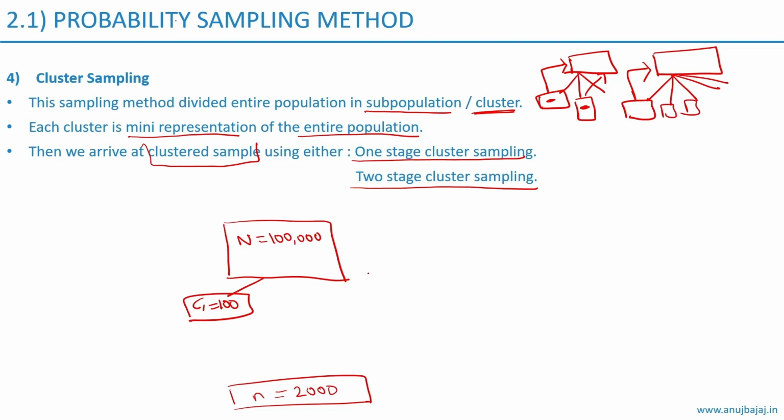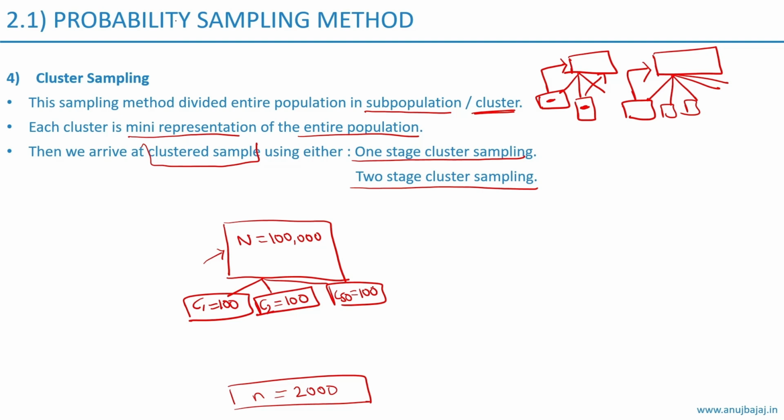Then after creating cluster 1, I will put these 100 observations back into the population, and from the entire population I will again create another cluster, and that cluster will have the same size of 100 observations. Similarly, I create say 50 such clusters, where each cluster is of the same size.